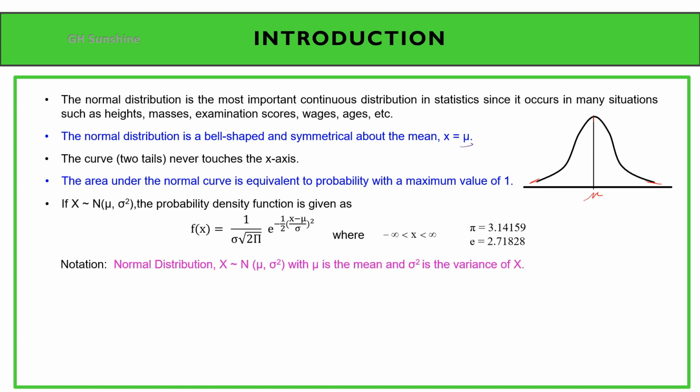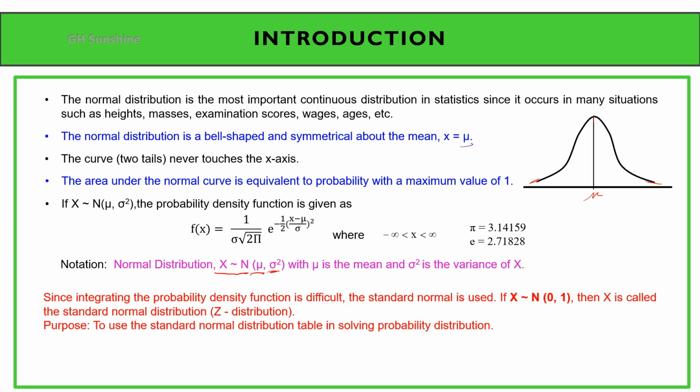The notation we use here is X follows a normal distribution with mean mu, known as the average value, and sigma squared, which represents the variance of X.